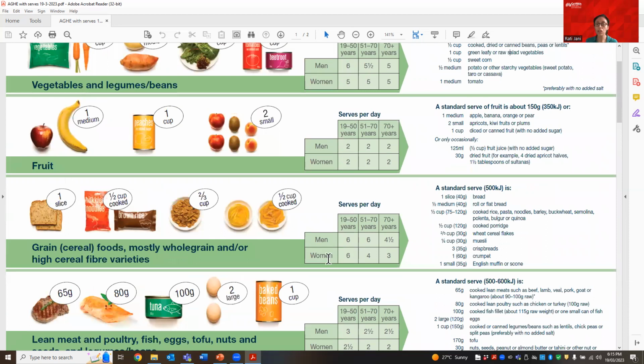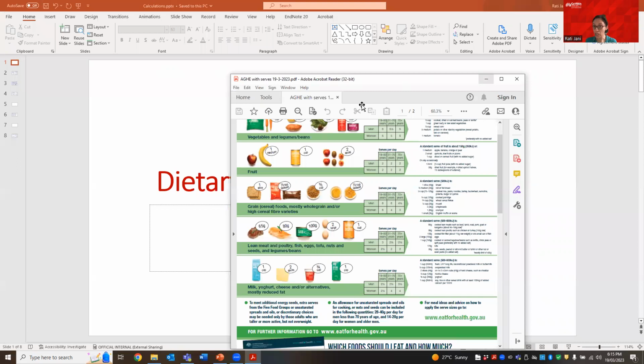So this document will help you with your dietary calculations, and the handbook, which has the food composition ready reckoner tables, will definitely help you with your calculations. All right. So these are the two documents that are going to be very handy for you from a dietary calculation perspective.